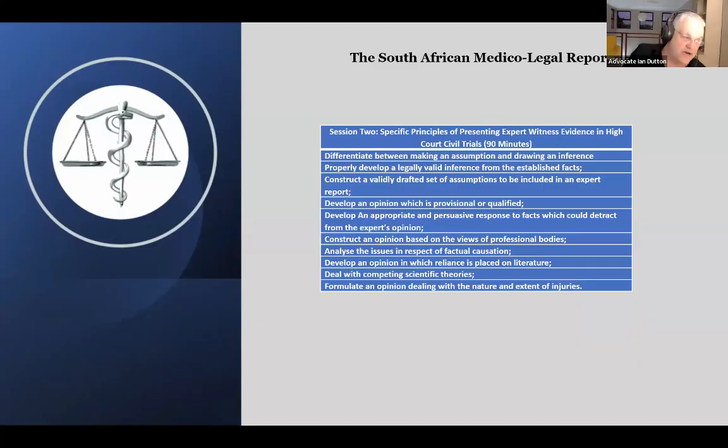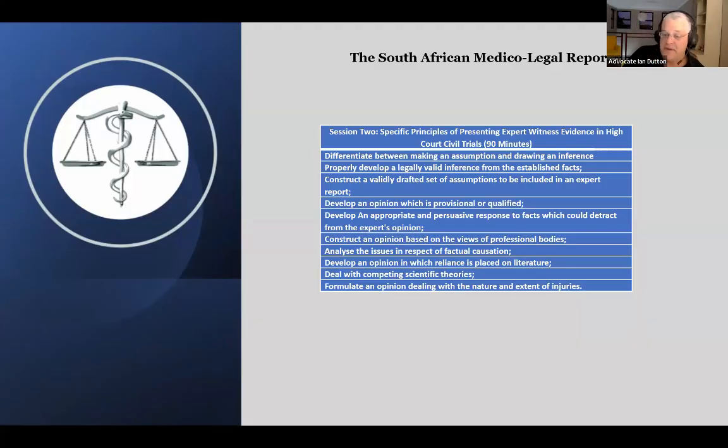Then the next learning outcome is to construct an opinion based on the views of professional bodies. This is particularly relevant to medical malpractice type work, where it comes up commonly is the question of whether a particular practitioner's conduct was reasonable. And one of the important yardsticks for reasonableness is the test: what would the reasonable practitioner within that particular branch of the profession do in the circumstances of the case?